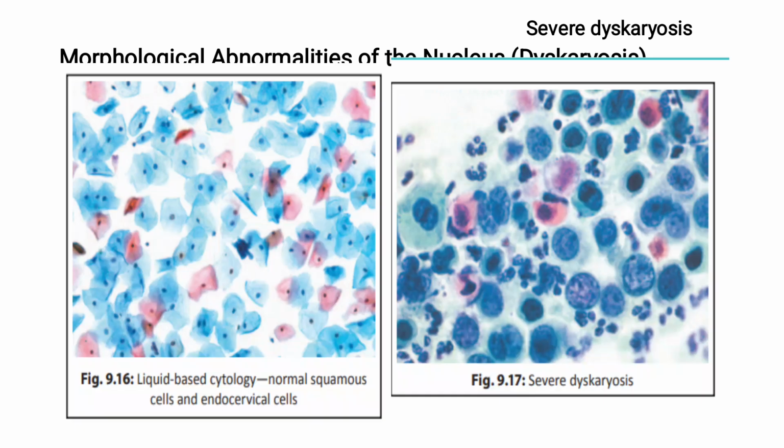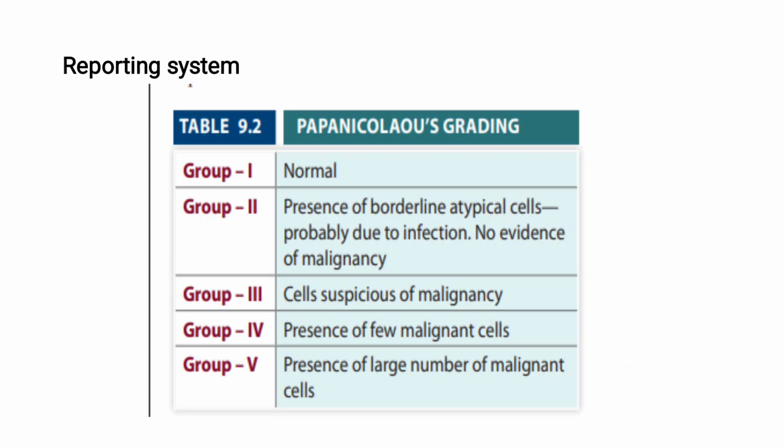So for morphological abnormalities of the nucleus, that is liquid based cytology in first picture, normal squamous cells and endocervical cells will look like this. Then figure 2, that is severe dyskaryosis. Then reporting system. Papanicolaou grading.